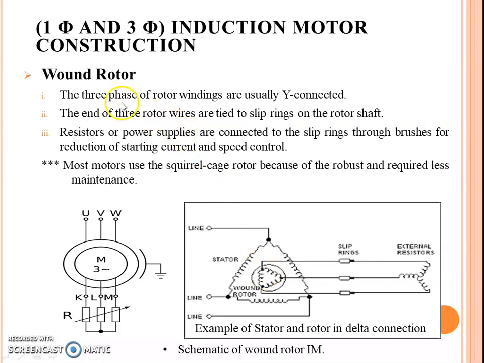The three phase rotor windings are usually Y connected, and the rotor here is Y connected, because we need to connect to the external resistor and the internal ring. The ends of the three rotor wires are tied to the slip rings on the rotor shaft, and here we have three external connections to the external resistor.